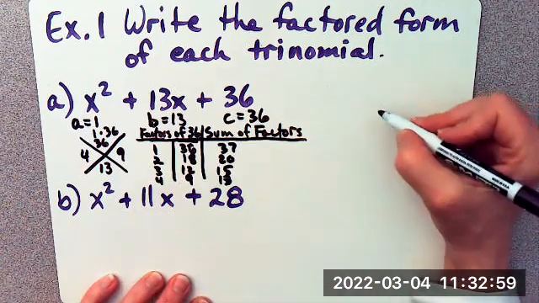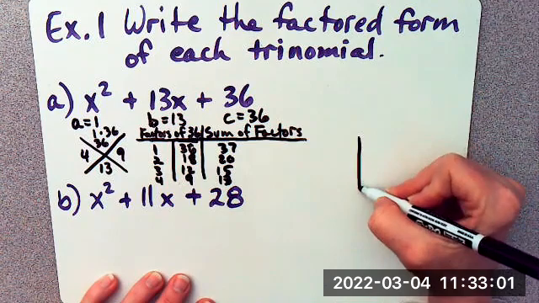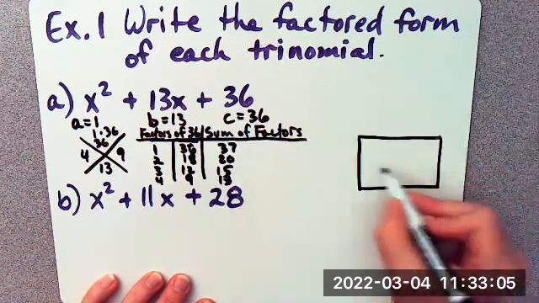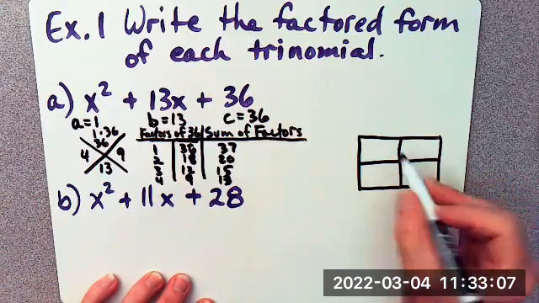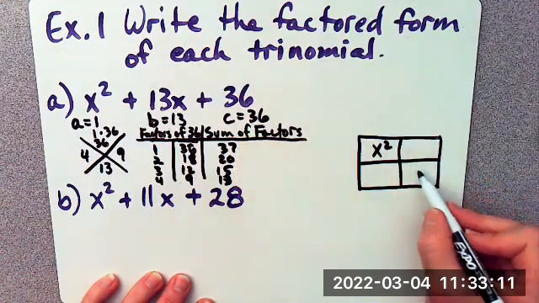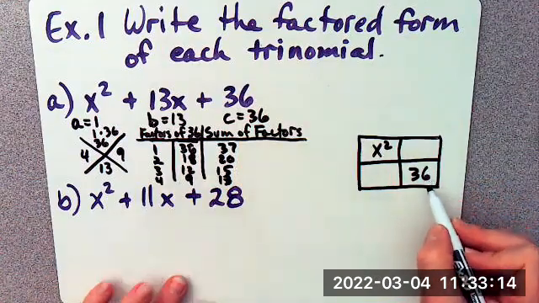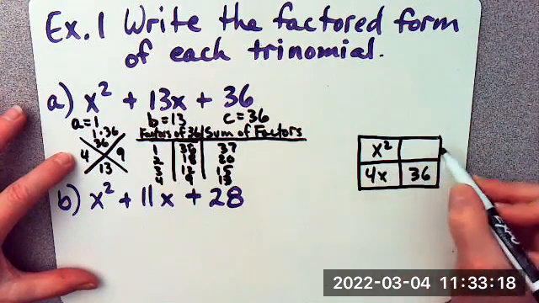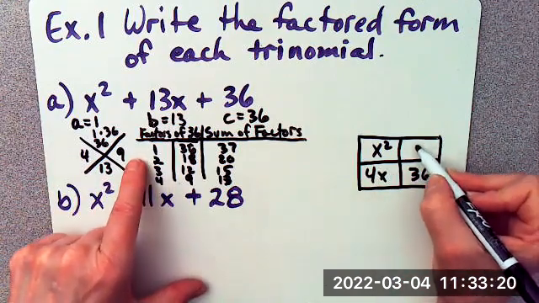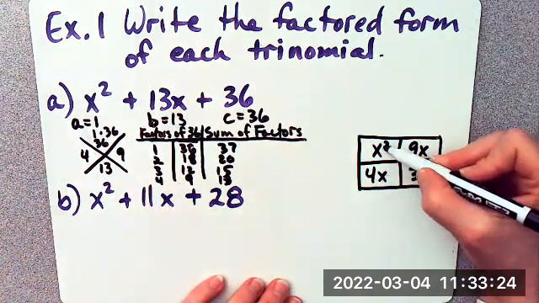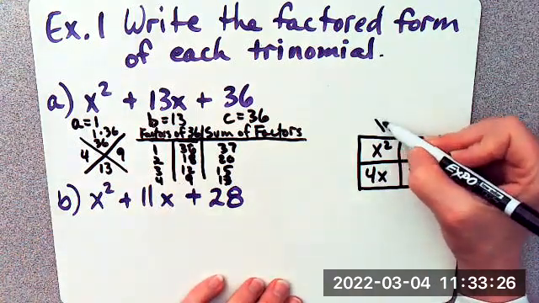So now we can go to the box. We're going to put our first term in here, which is x squared. The last term goes here, 36. Then we found that this is 4x here, and this one is 9x here. Our greatest common factor between x squared and 4x is x.